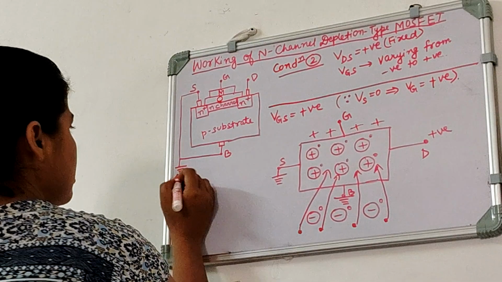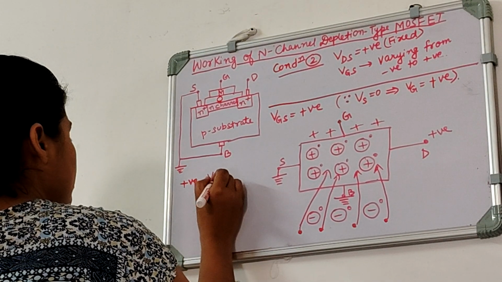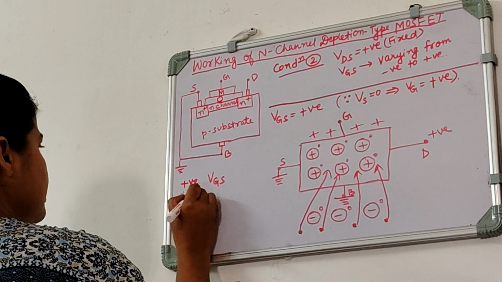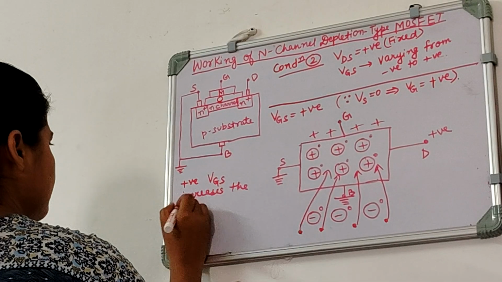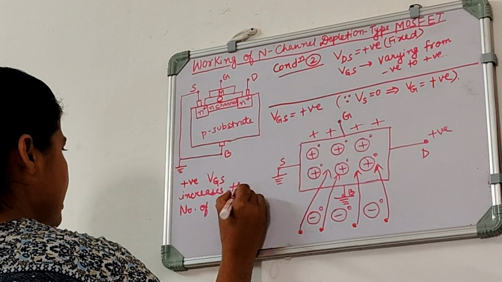So we can write that positive VGS increases the number of electrons in the channel.